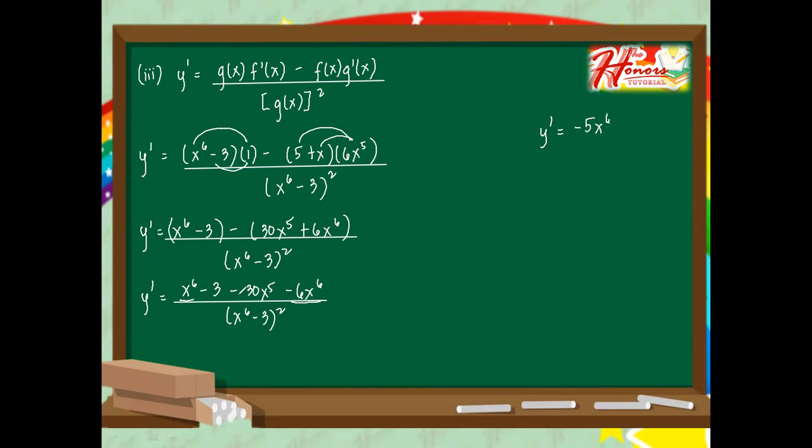How about negative 30x raised to 5? We don't have any partner for it, so just copy. And then for negative 3, just copy also because we don't have any partner for it. And then copy the denominator, that is the quantity of x raised to 6 minus 3 squared. So this is the answer for the first derivative of the given.